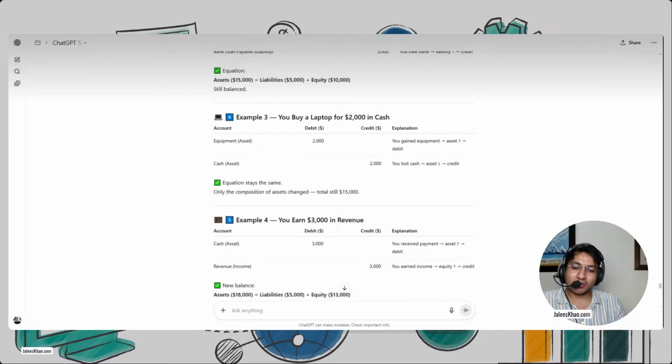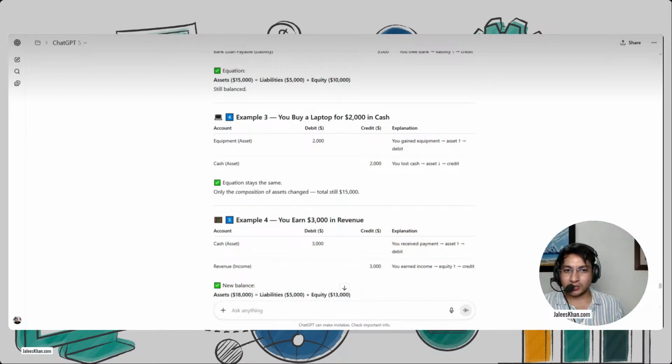So that's only a value conversion, not the inclusion or exclusion of value from the business. It is a within-the-business value conversion. So that's why assets remain the same, just changing form.